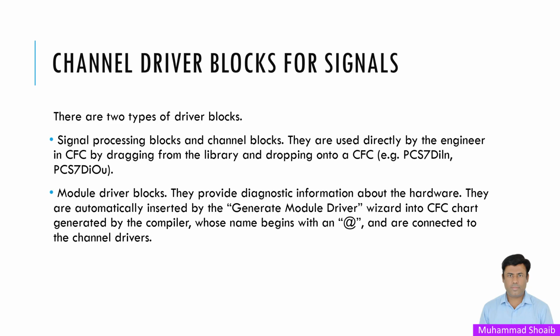They are automatically inserted by the Generate Module Driver wizard in the PCS7 chart generated by the compiler, whose names begin with an at-the-rate symbol, and are connected to the channel drivers. So shortly, we will see how it looks.